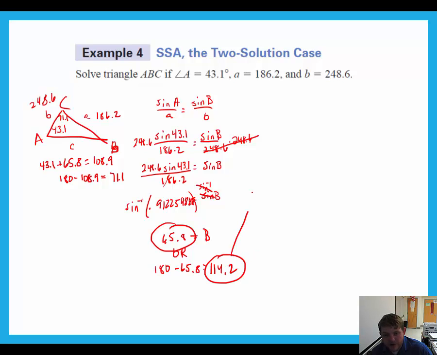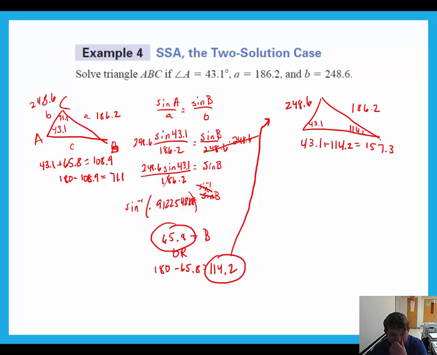We're going to come over here in a few minutes and do this particular problem too, because we also know now that, let's see, this is 43.1, this was 248.6, and this one was 186.2. We said maybe this could be 114.2. Well, if you do 43.1 plus 114.2, that's equal to 157.3.